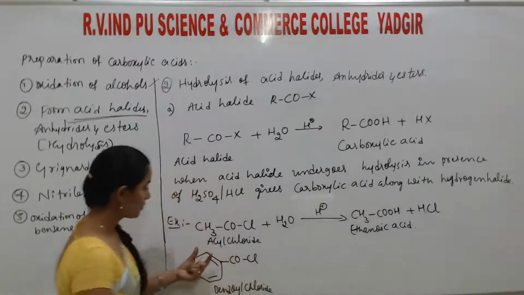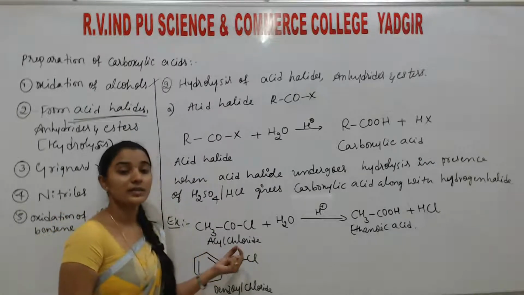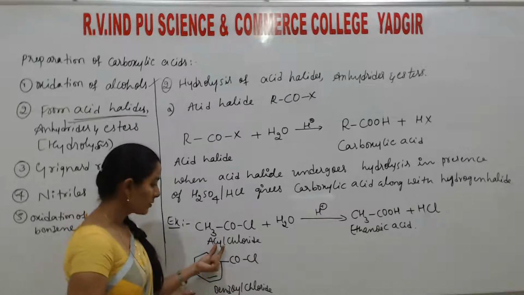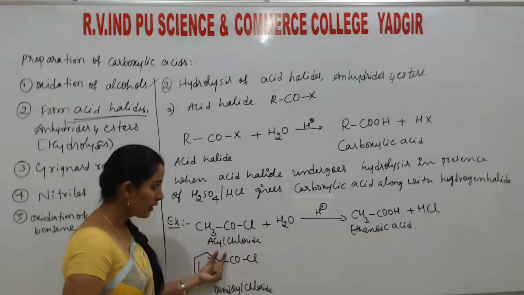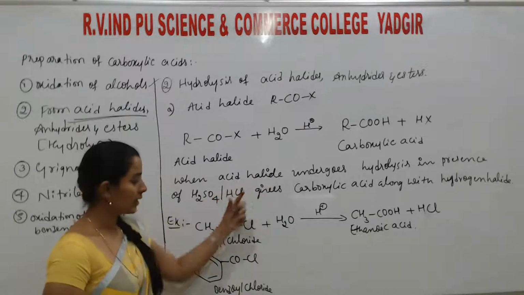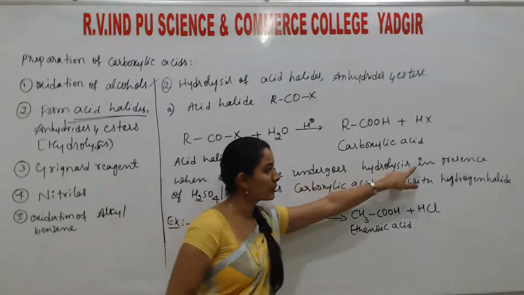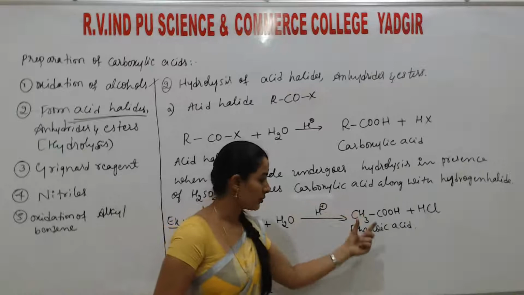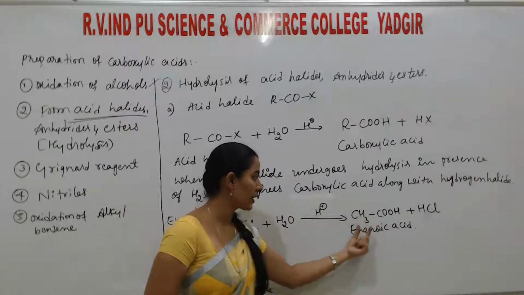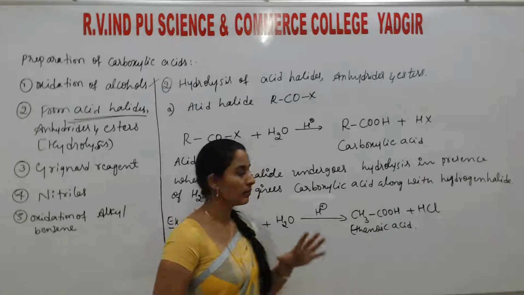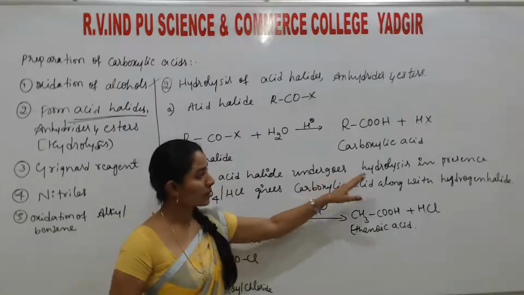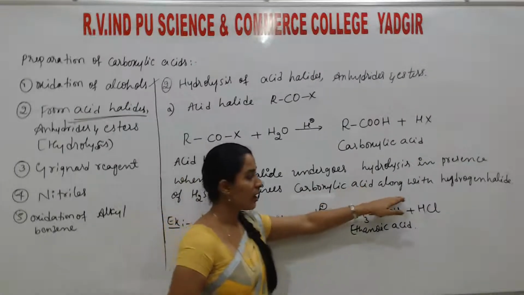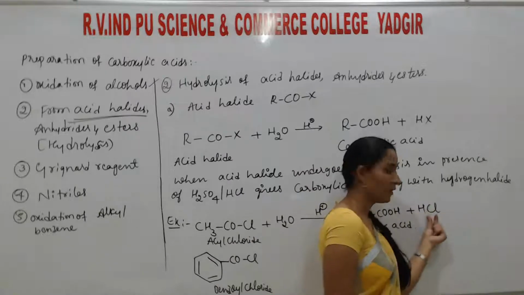One example. Here, in the place of acyl, you may take acetyl because the CH3 is an acetyl group. So this is simply called acyl. When acyl chloride undergoes hydrolysis in presence of H2SO4 or HCl, gives carboxylic acid. Which acid? Ethanoic. Just carboxylic acid is replaced by ethanoic acid. Means here, when acyl chloride undergoes hydrolysis in presence of H2SO4 or HCl, gives ethanoic acid along with hydrogen halide, means hydrogen chloride.